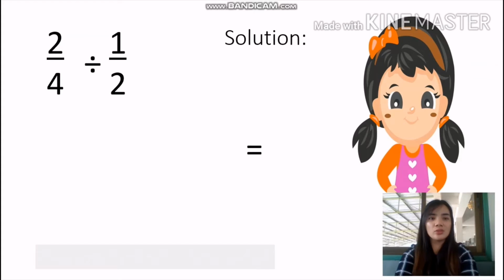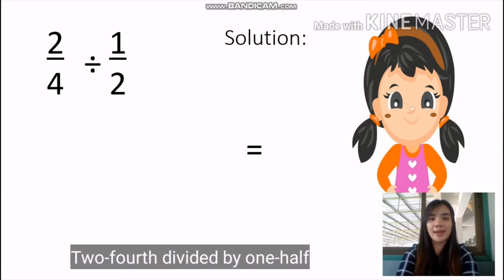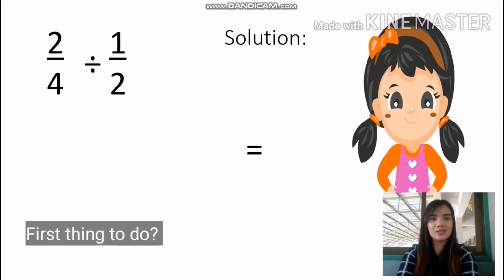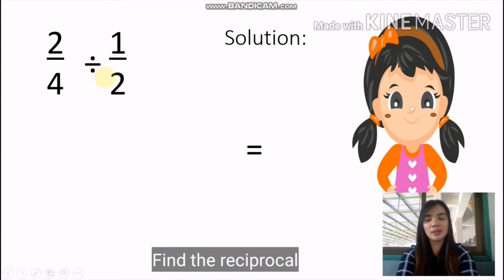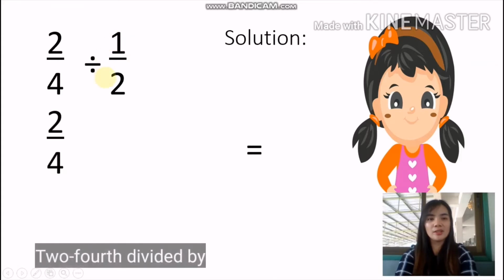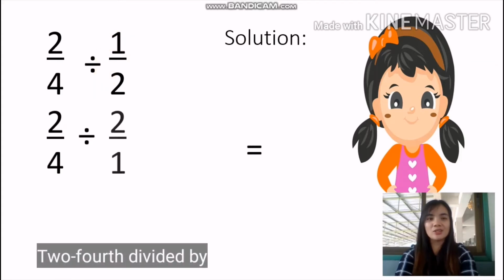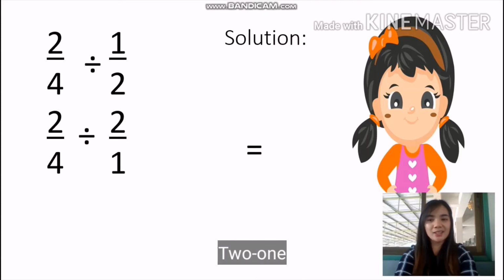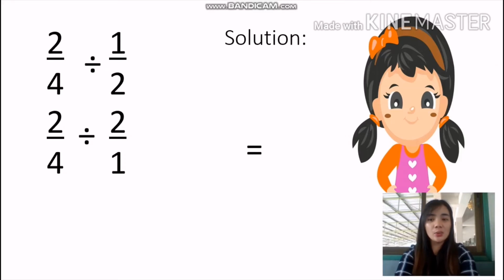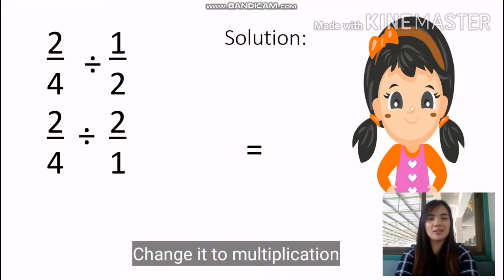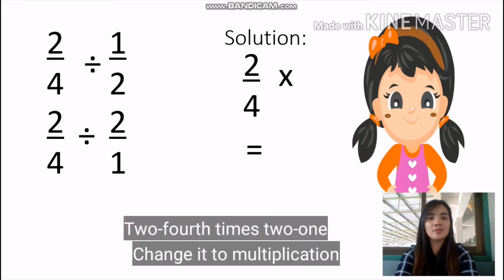Next we have 2/4 divided by 1/2. What is the first thing that we need to do? We need to find the reciprocal of the second number. So we have 2/4 divided by 2/1. Then we change the mathematical operation. We're going to change it to multiplication. So 2/4 times 2/1.